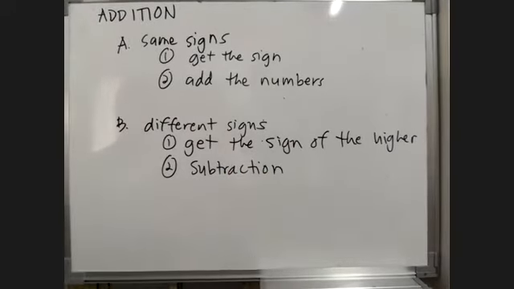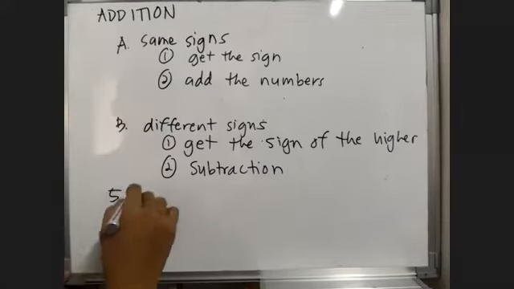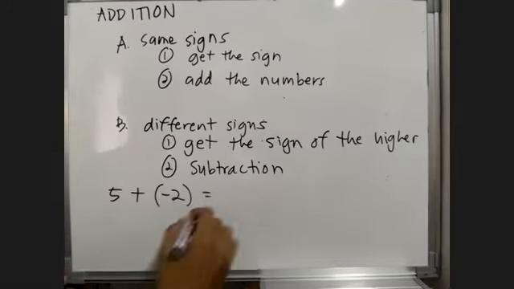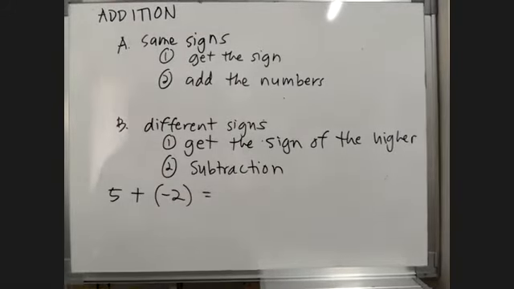So, for example, I have 5 plus negative 2. Ang sabi dun sa steps ko is get the sign of the higher value. Neglecting the sign ulit yun, ha? Hindi natin iniisip yung sign. Titignan lang natin doon yung number. So, ano yung mas mataas sa 5 tsaka sa 2? We have 5. So, kukunin natin yung sign ng 5.